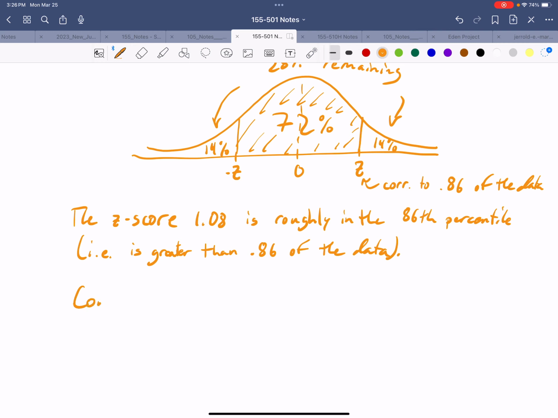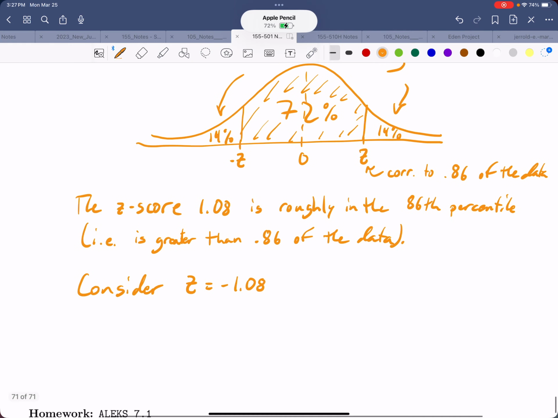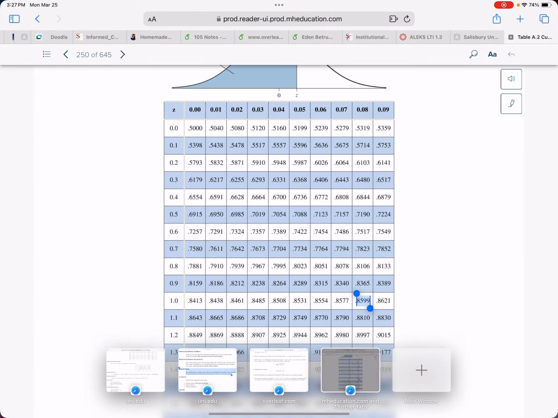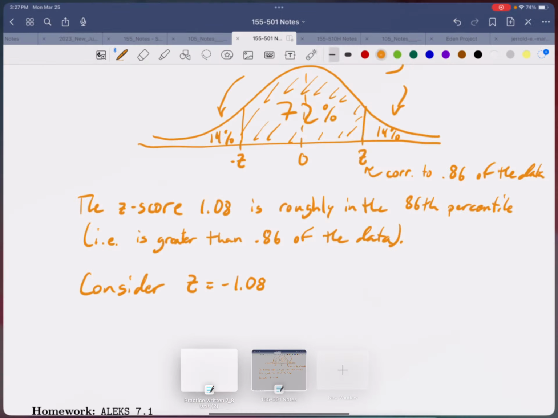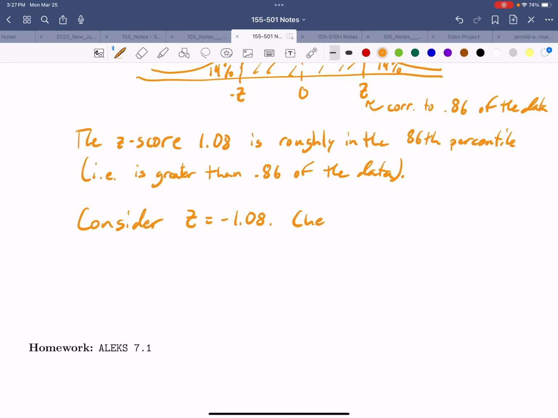So now we're going to consider capital Z equals negative 1.08. And let's just confirm that what we say is correct. If we look at negative 1.08, that's this guy right here, 0.1401, and sure enough, we check: 0.8599 minus 0.1401 equals approximately 0.72.